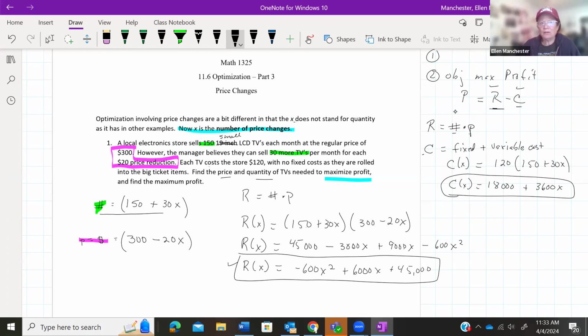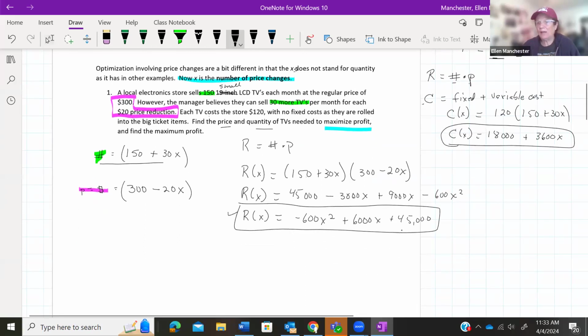So I was able to get the number 150 plus 30x, and the price is 300 minus 20x. When I multiply all of that and simplify, I end up with my revenue function. And then my cost is 120 per the number of TVs. We don't know what that is yet, but we will find out. Okay, everyone good so far?